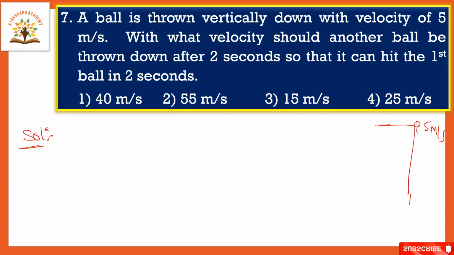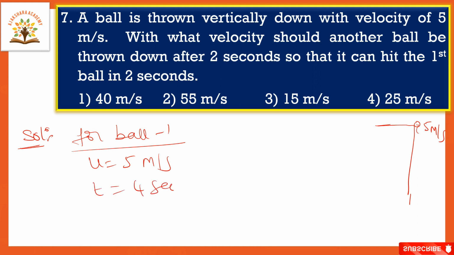So for the first ball, for ball 1, u is equal to 5 meters per second and t is equal to 4 seconds. For the second ball, for ball 2, u is equal to u meters per second, and the given t is equal to 2 seconds.